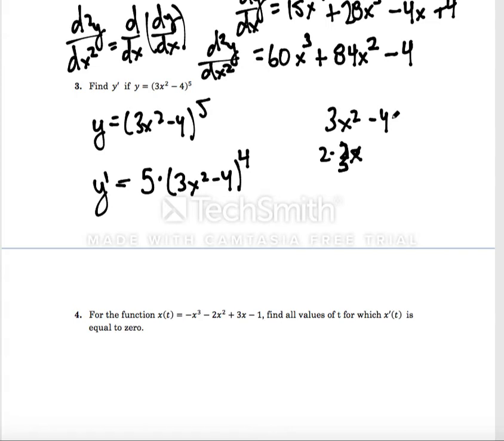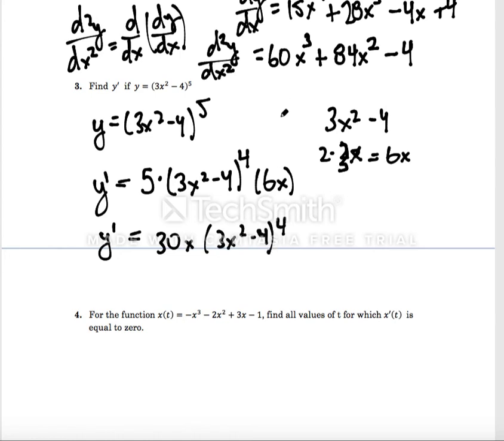The 4 goes away, there is no x term, so I have 6x. So the interior derivative just becomes 6x. And if you left it like this, that is perfectly fine. You might want to go one more step and say that I have 30x times 3x squared minus 4 raised to the 4th, but that is as far as you need to go.